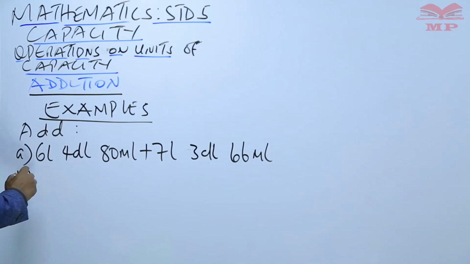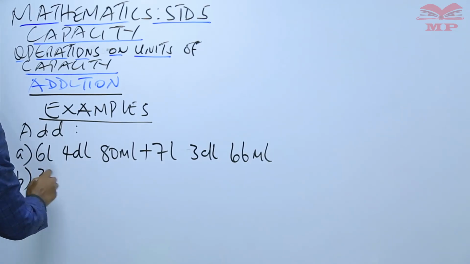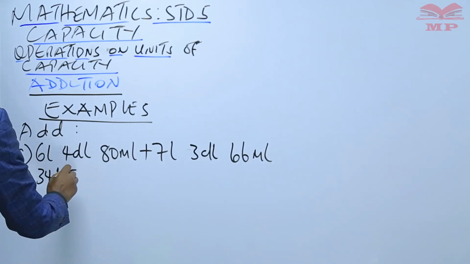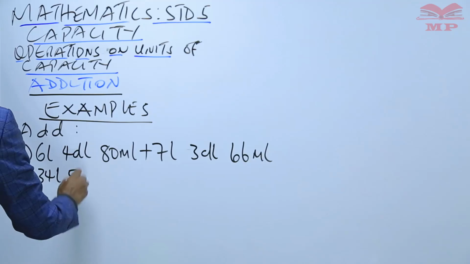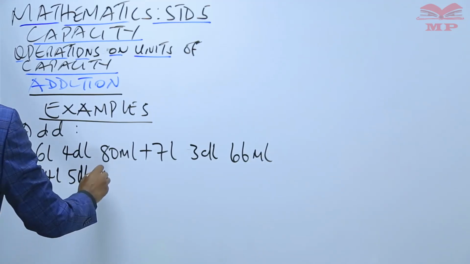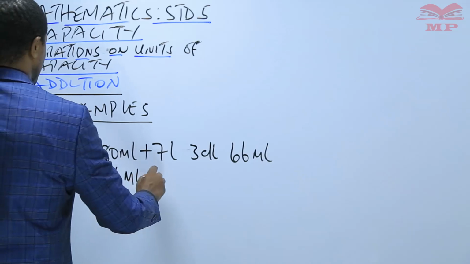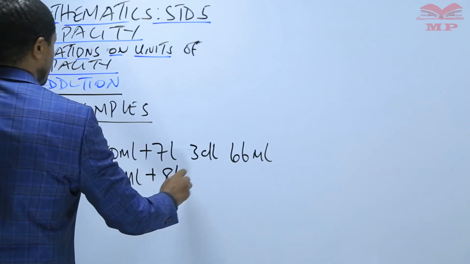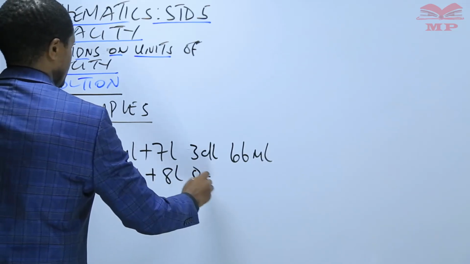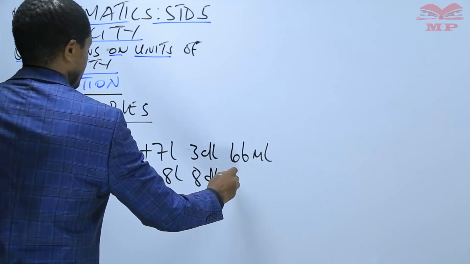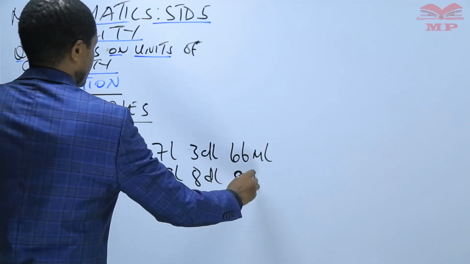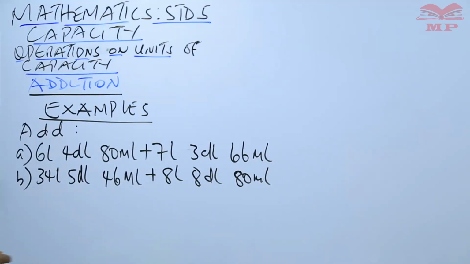B, we are going to add 34 liters, 5 deciliters, 46 milliliters. We'll add 8 liters, 8 deciliters, and 80 milliliters.